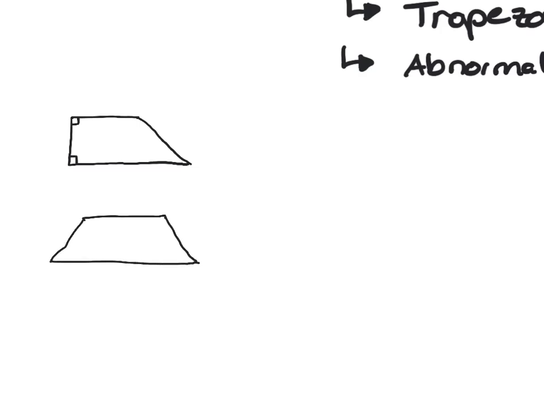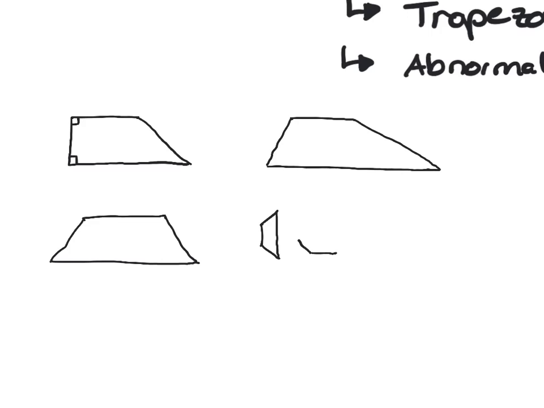To review, a trapezoid is a type of quadrilateral. So that's a trapezoid. That's a trapezoid. That's a trapezoid. And then you also have trapezoids that can be on their side.